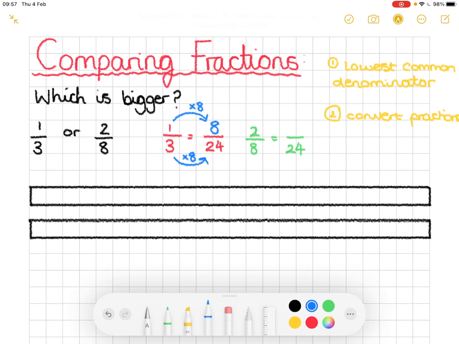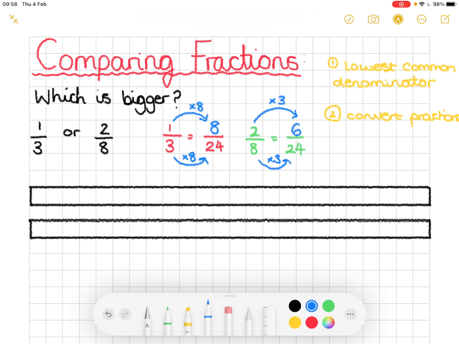We now need to do the same to the other fraction, okay, but we're going to look at the relationship between 8 and 24. So we're not going to multiply 8 by 8, we're going to look at what we need to multiply it by to get 24. So 8 times 3 is 24, using that missing information knowledge, which means you do the same to the top as you do the bottom. 2 times 3, and that makes 6.